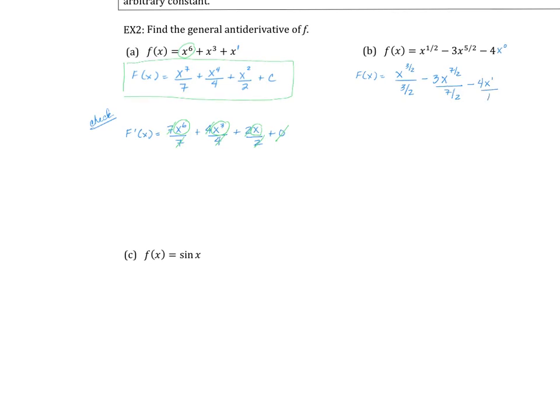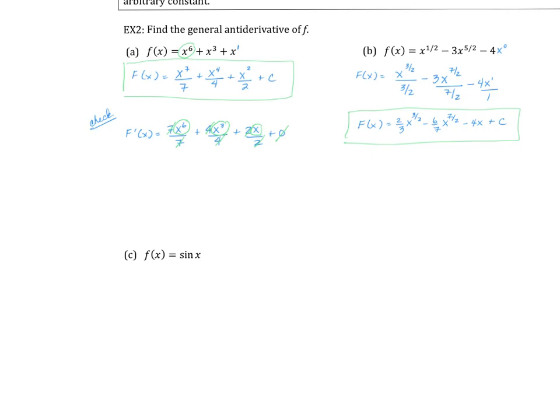So this is definitely not in simplest form because of the complex fractions. So I'm going to rewrite this as 2/3 x to the 3 halves minus 6 over 7 x to the 7 halves minus 4x. But don't forget your constant C. And this would be my antiderivative. I could easily check that by just computing the derivative and seeing if I get back to my original function.